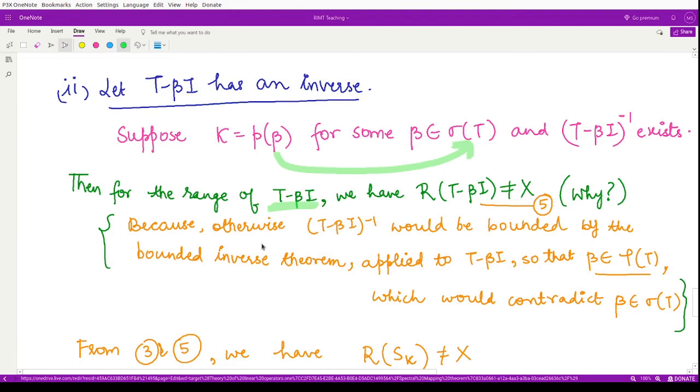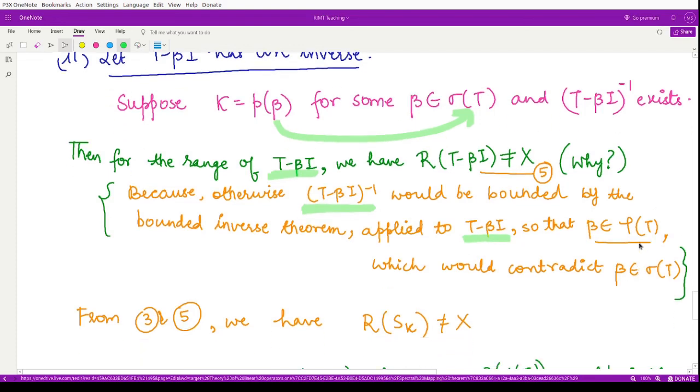Because if this inverse operator exists, it would be bounded by the bounded inverse theorem, and so beta would belong to the resolvent set of the operator T. This would contradict the fact that beta belongs to the spectrum of T.